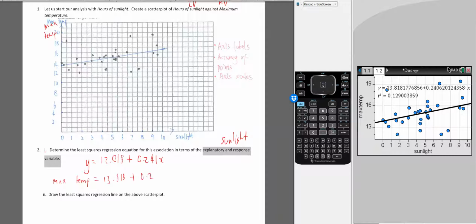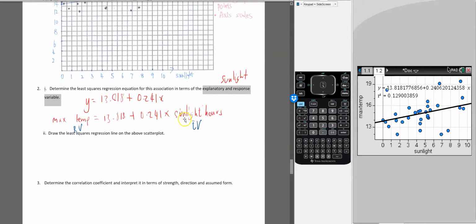So 13.818 plus 0.241 times the sunlight hours. And we've got our least squares regression line, and just for a bit of extra feedback, the RV goes here and the EV goes there.